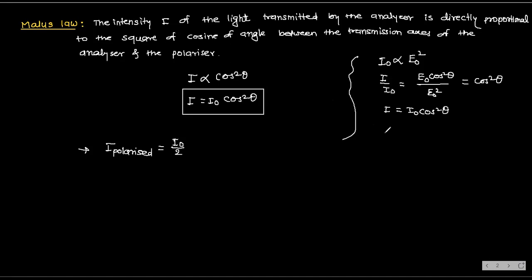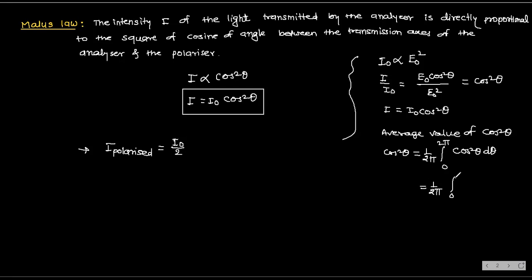Now average value of cos square theta, how much you are getting? Cos square theta average is equal to 1 by 2 pi integration 0 to 2 pi cos square theta d theta, and that is equal to 1 by 2 pi integration 0 to 2 pi (1 plus cos 2 theta) by 2 into d theta.